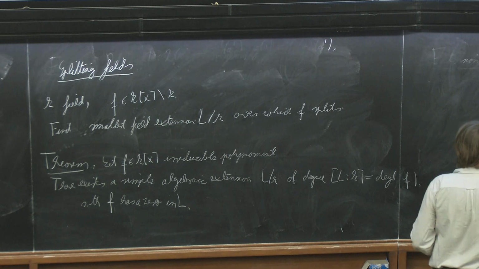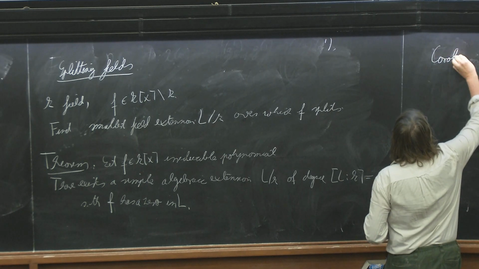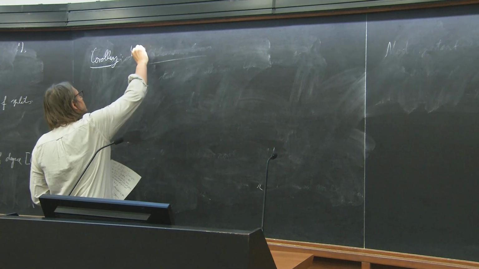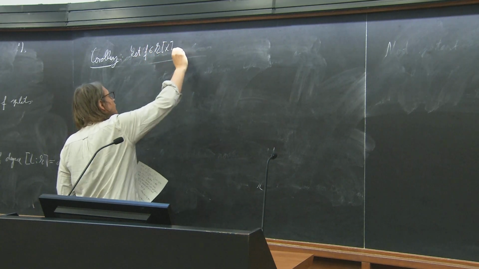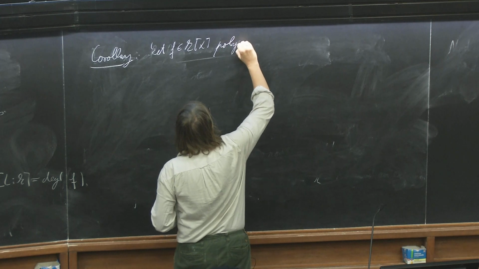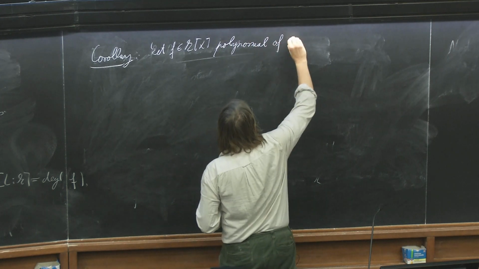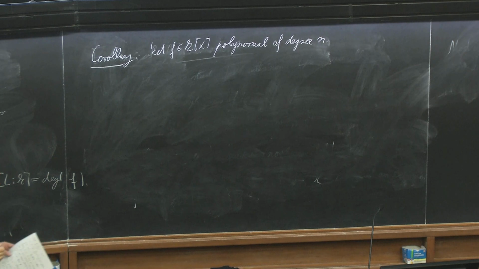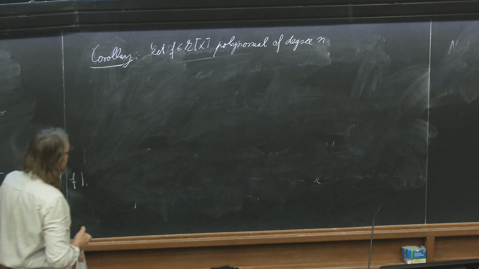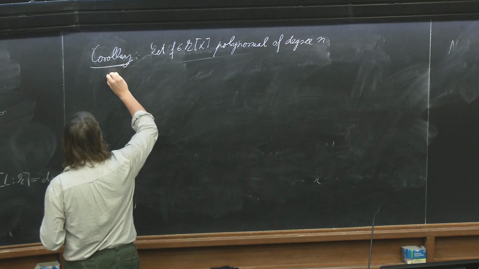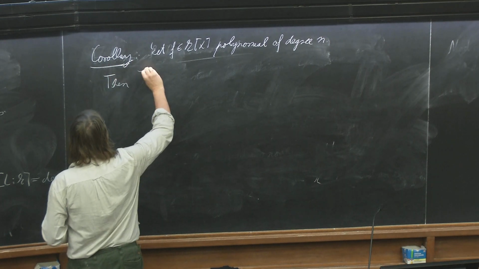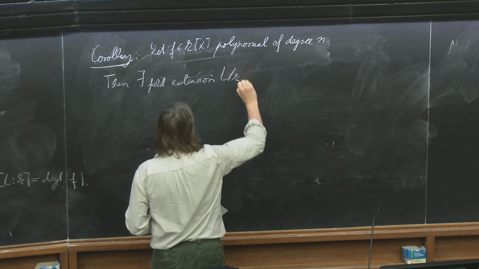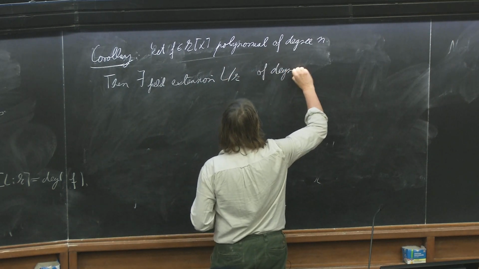So an easy corollary is that for any polynomial f of degree n, there exists a field extension of degree at most n such that f has a zero in the bigger field.